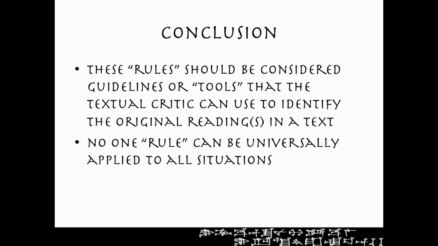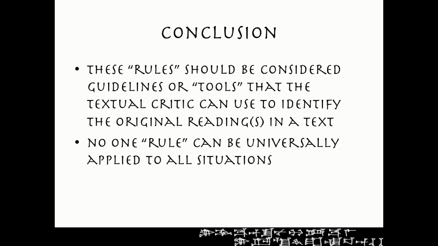So you don't, for example, as a text critic, want to come armed with some of these rules and go to, for example, Romans 5:1 and say, well, "let us have peace" and "we have peace," we know which one because of rule number 2. We know which one it is.